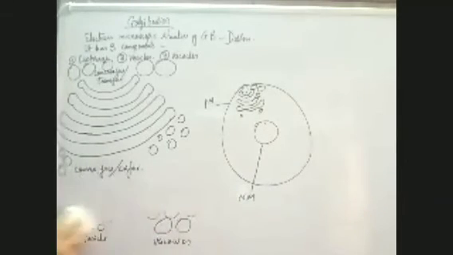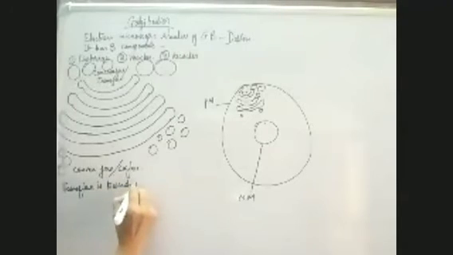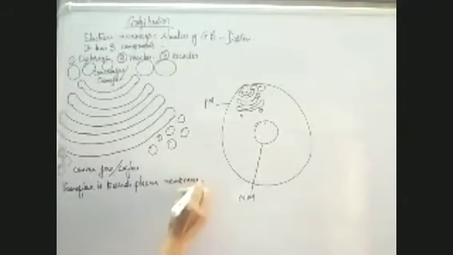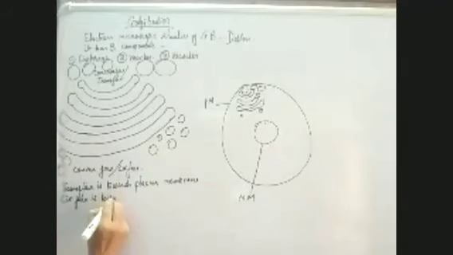So I'll write it also here. Trans phase is towards the plasma membrane, and cis phase is towards the nuclear membrane.